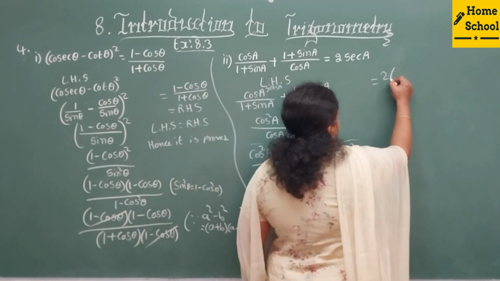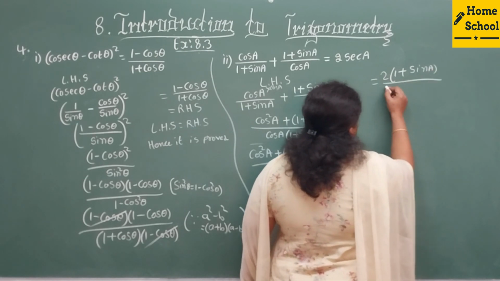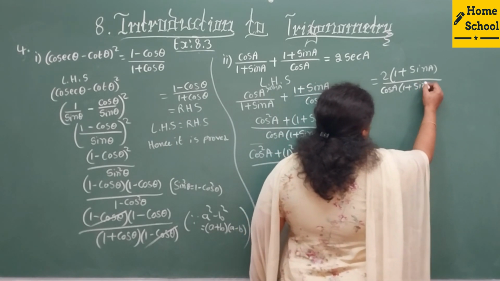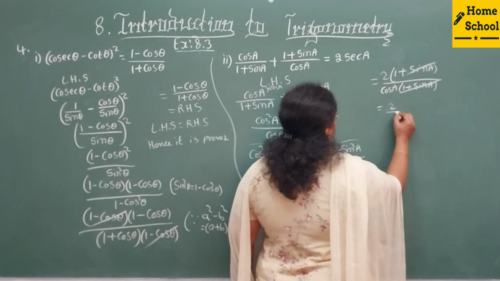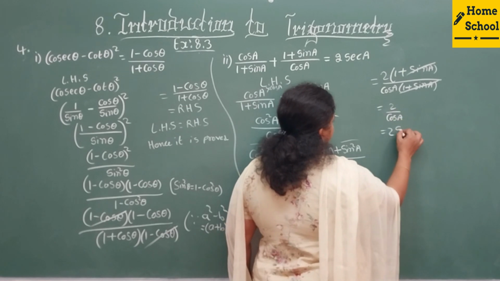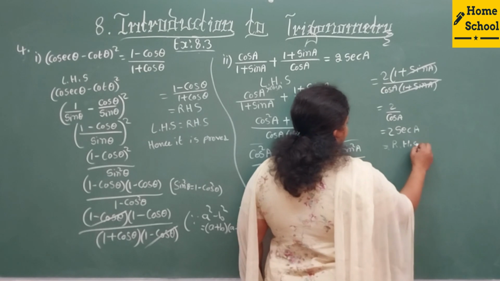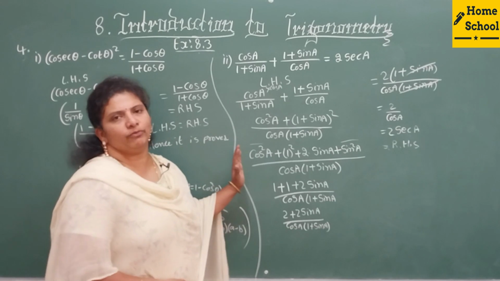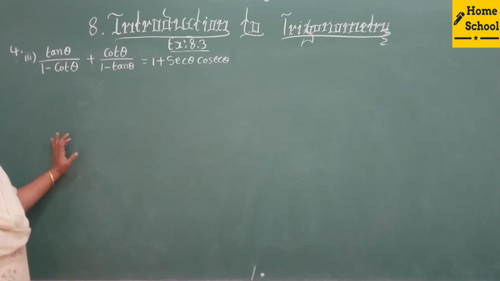So take it out common: 1 plus sin A by cos A into 1 plus sin A. 1 plus sin A and 1 plus sin A cancel. 2 by cos A is left. 2 into 1 by cos A is nothing but 2 secant A. Therefore, LHS is equal to RHS. Rewrite the question again and say hence it is proved. Very important question, so understand carefully and try to solve.